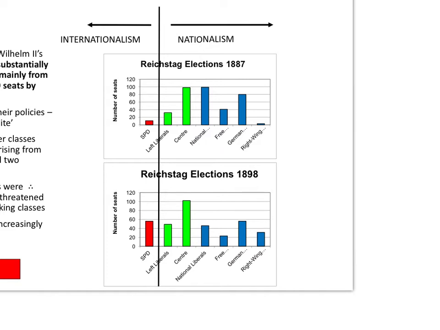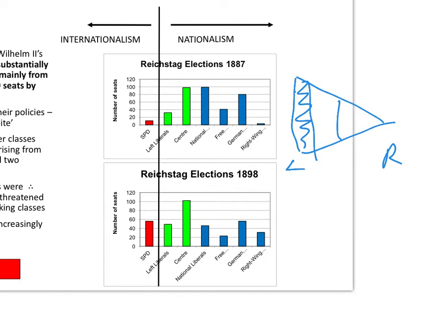Sorry, just pull my pen up and draw that. So imagine our social pyramid turned sideways on. So the working classes at the bottom are left wing, and then the right wing are the middle classes, and the upper classes are the right wing forces, and they're represented here.